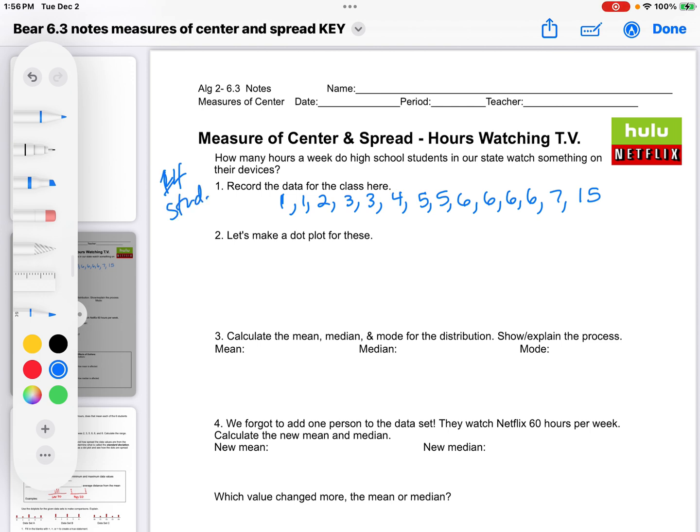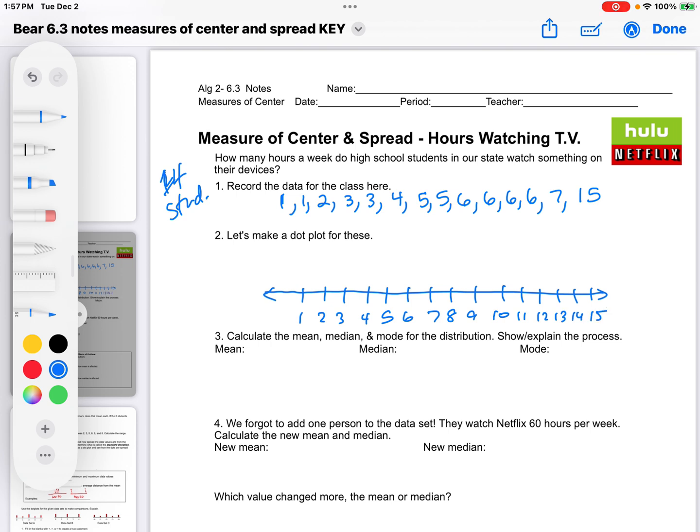All right, so we're going to make a dot plot for these. To make a dot plot, we're just going to make a number line, and we're going to go from 1 to 15. There we go. I got them all fit in there. Then we number our number line, and we put dots to correspond with each data point.